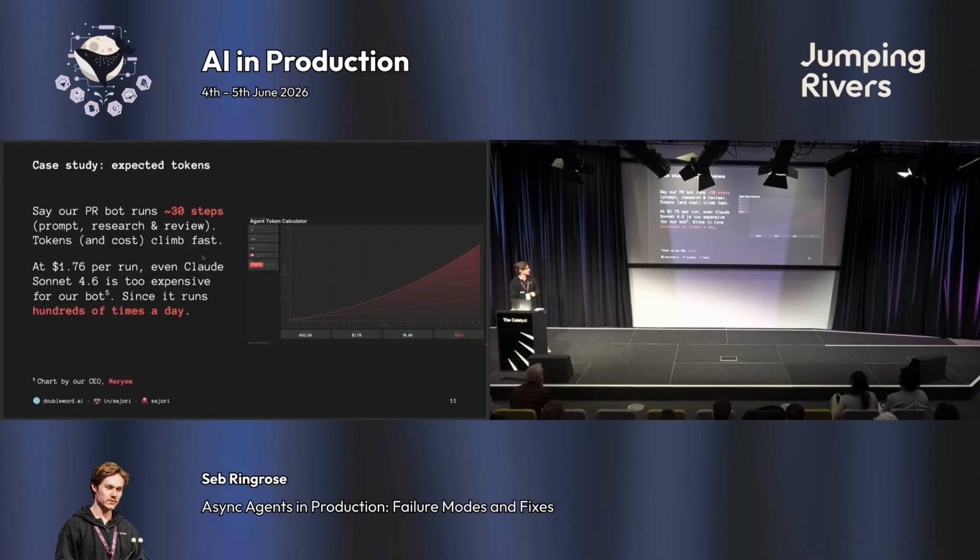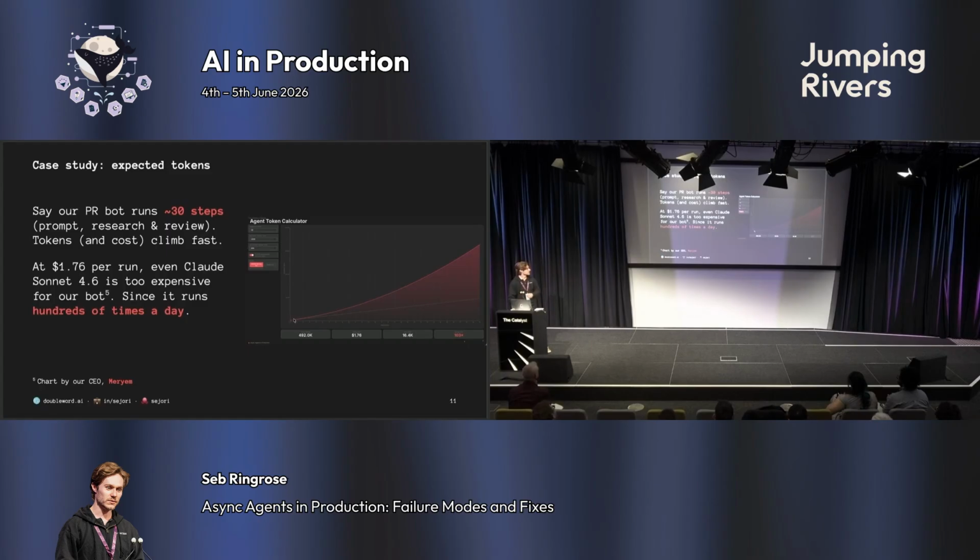And this is our roughly 30-step PR review, priced with Claude Sonnet 4.6. The numbers are very small here, so you can't really read them. But what it says is 30 inference steps, an average of 4,000 input tokens per step, so those are pieces of source code going in, and 800 output tokens per step, so the model generating more tool calls or summarizing its work to us.